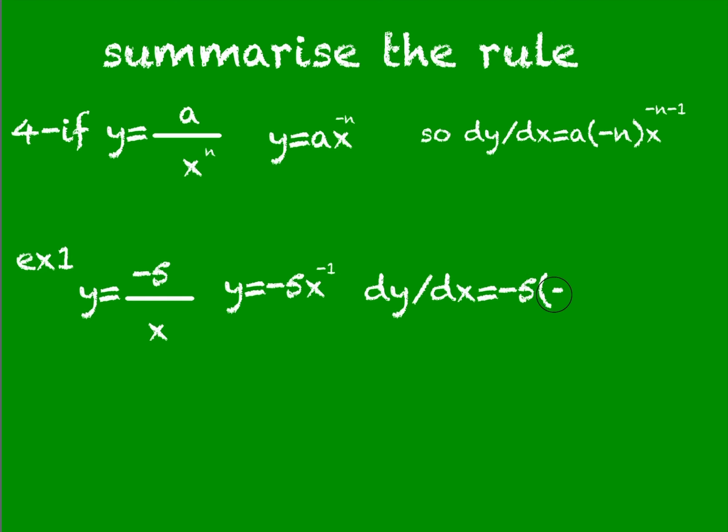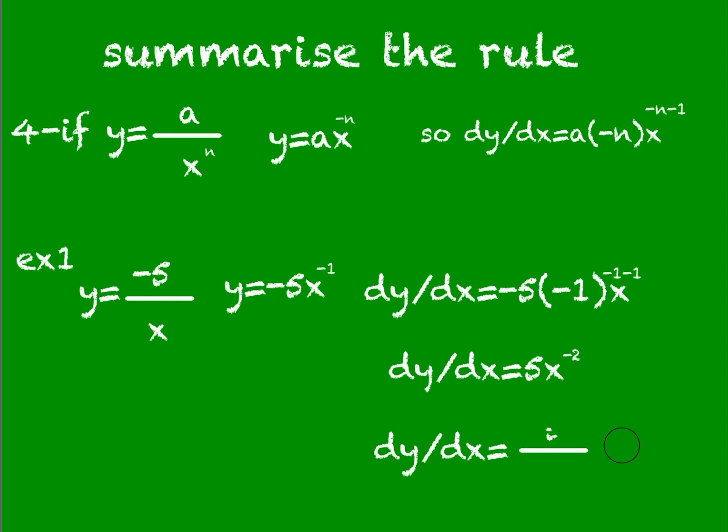Did you see, negative 1 here is the coefficient of the x, then negative 1, take away 1 from the old exponent, okay? Just organize: dy over dx is going to be negative 1 times negative 5, which is 5, and x to the power of negative 2, going to be 5 divided by x squared.